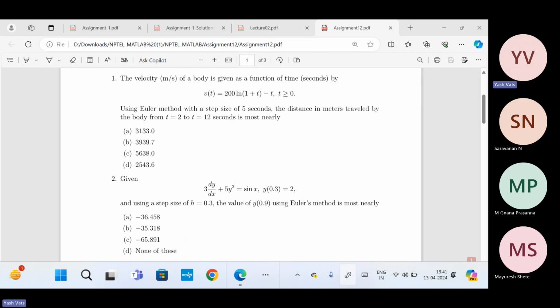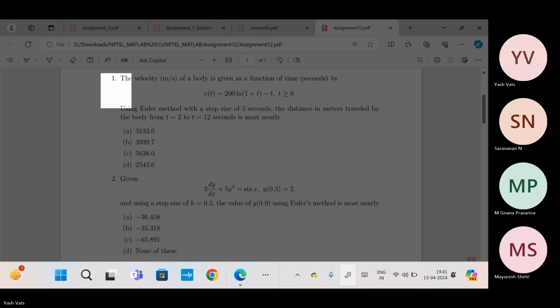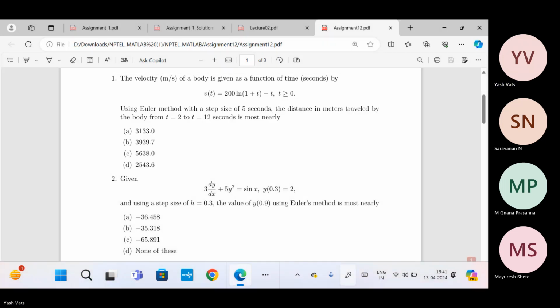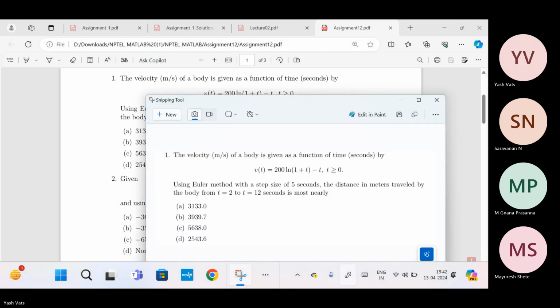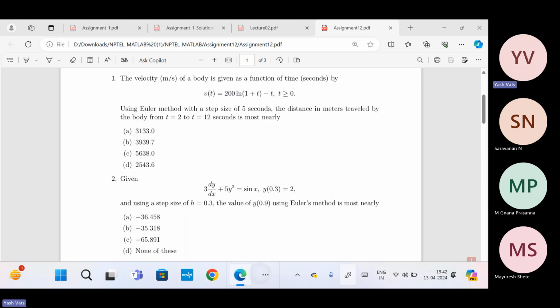Have you studied these solutions for ordinary differential equations numerically using some methods in the class, in the lectures?